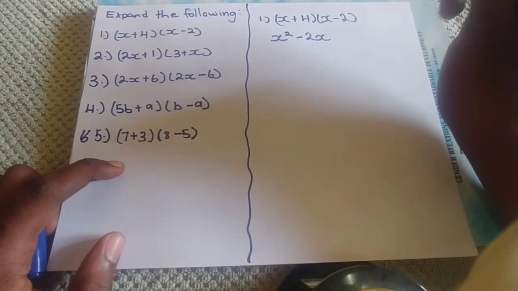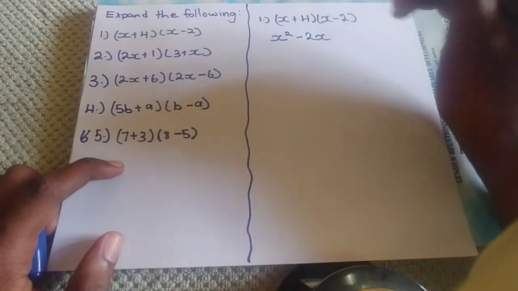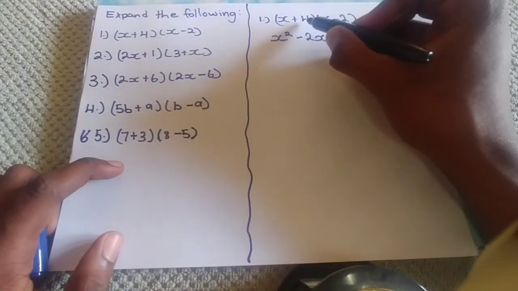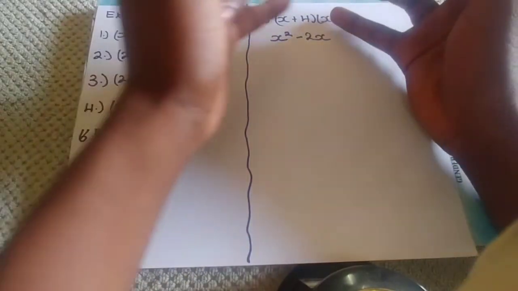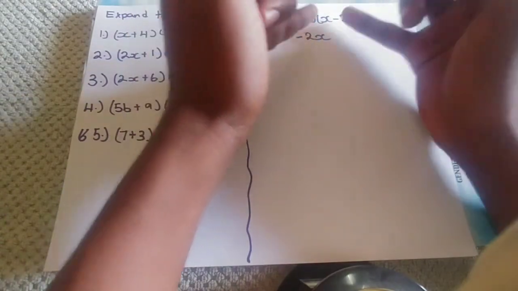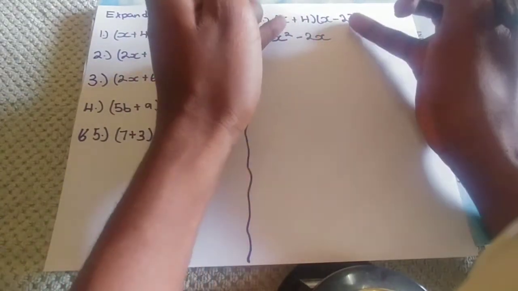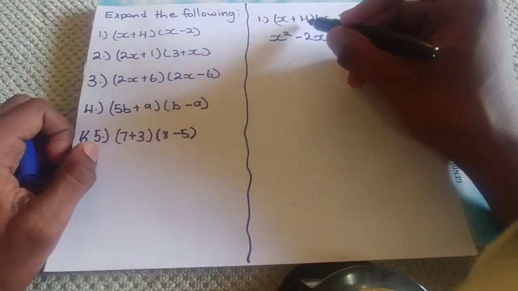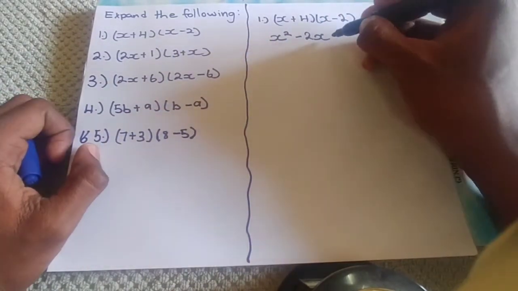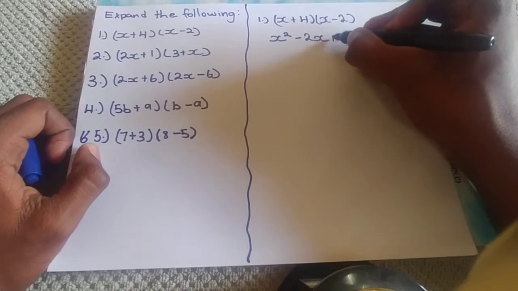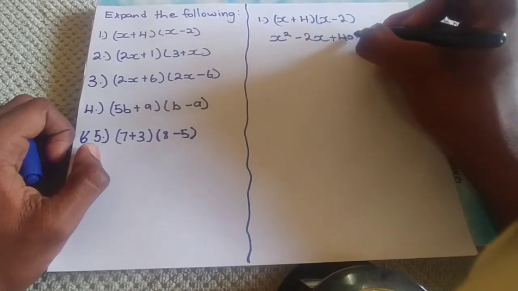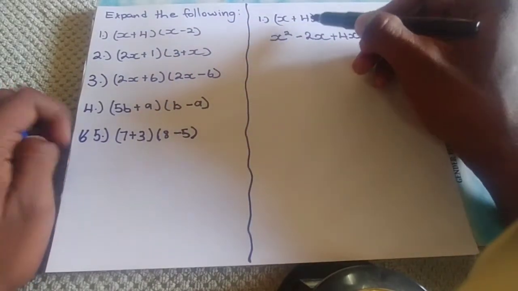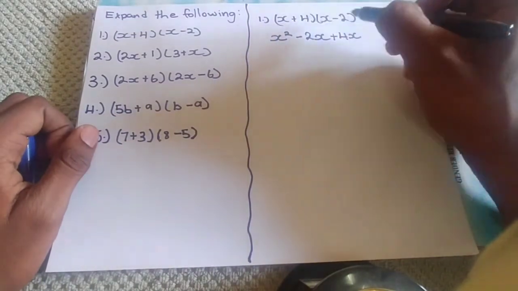Then the inner, the I stands for inner, the 4 and the x. These are more towards the inside because they are more inside than any others. So they are referred to as the inner. So that's 4, and the x, we take them and we multiply them. 4 times x is 4x. And then finally the last. Those are the last in the brackets.